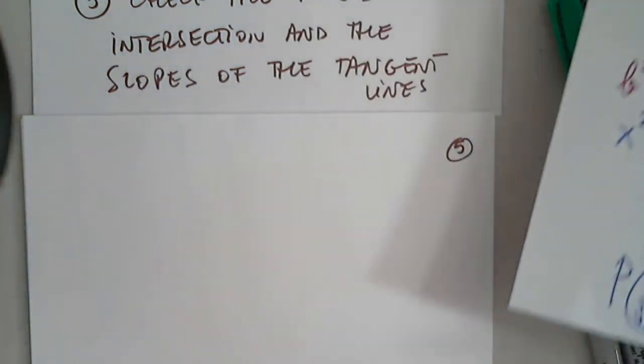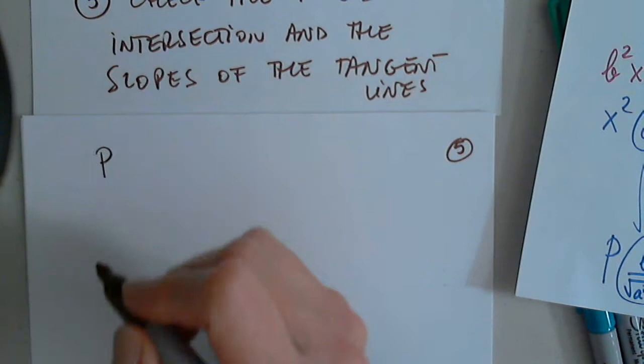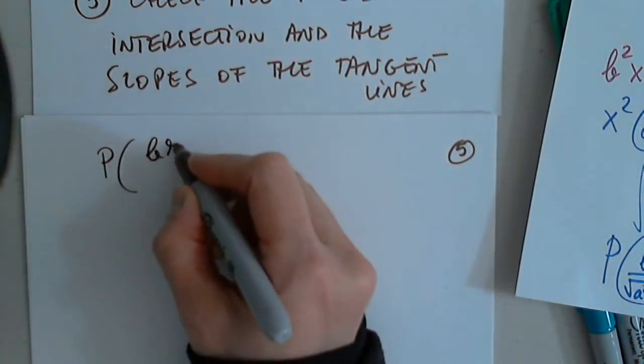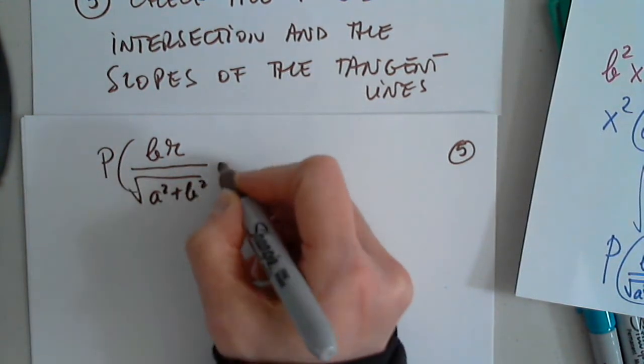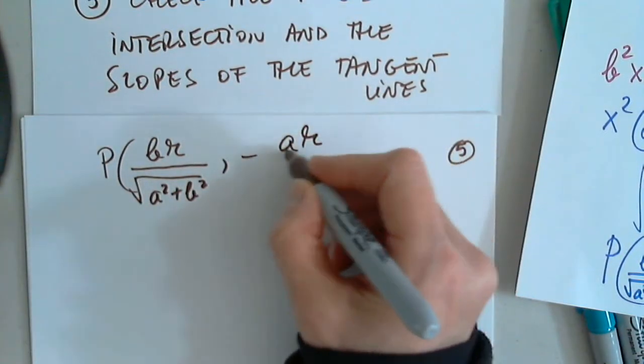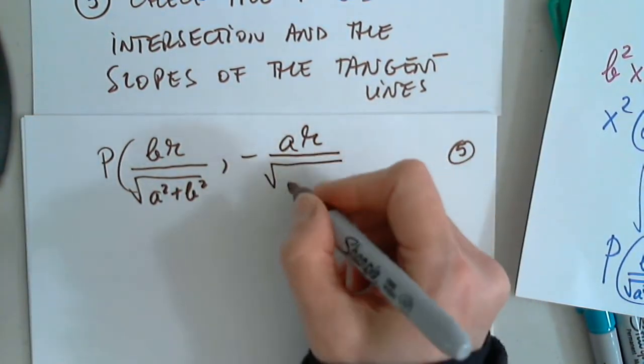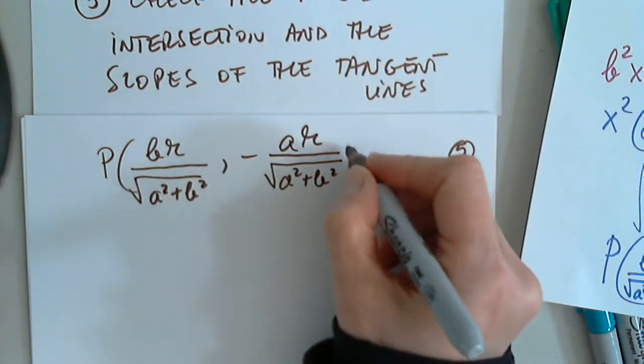I had them some time ago. So at P, I'm going to copy BR over the square root of A squared plus B squared, minus AR over the square root of A squared plus B squared.